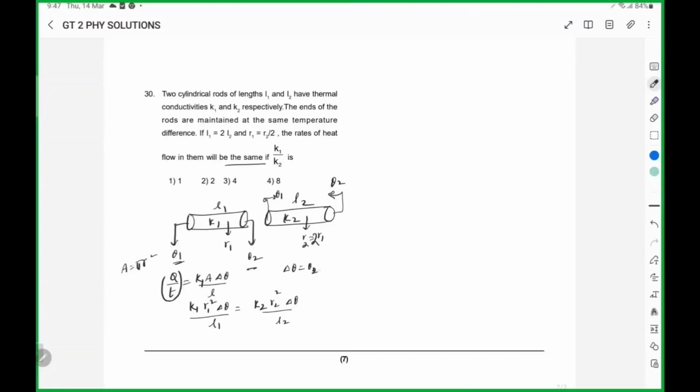Delta theta will be the same, so it gets cancelled out. R1 square here is R2 square by 4. L1 is 2L2. K2 R2 square by L2. It cancels, and K1 by K2 here is 8 by 1.